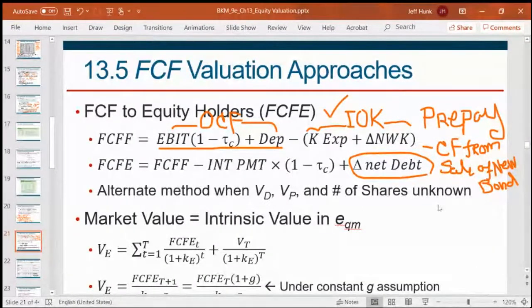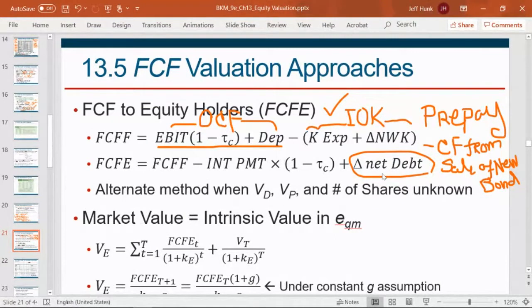And then the change in net debt. What is the source of change in net debt? So suppose you are making a principal repayment, right? If you're making a principal repayment, it's going to lower the free cash flow.